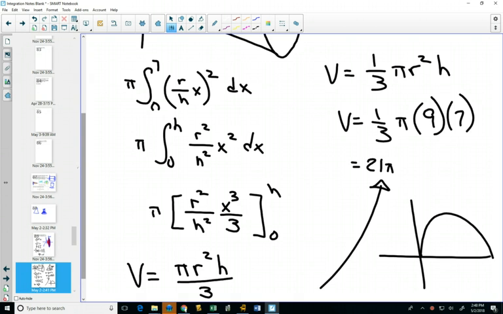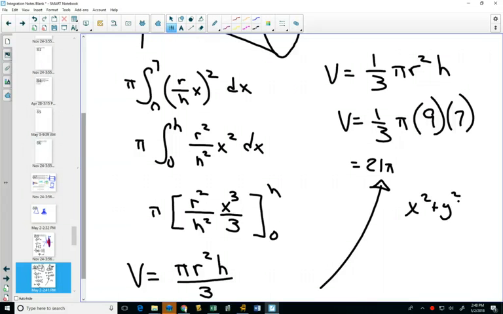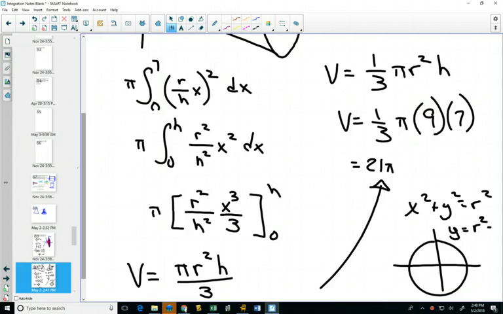We would have to figure out what that equation is. X squared plus y squared equals r squared gives you a circle around the origin. If you wanted to get y by itself, you'd square root both sides.